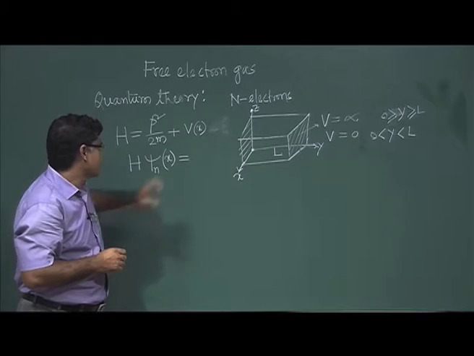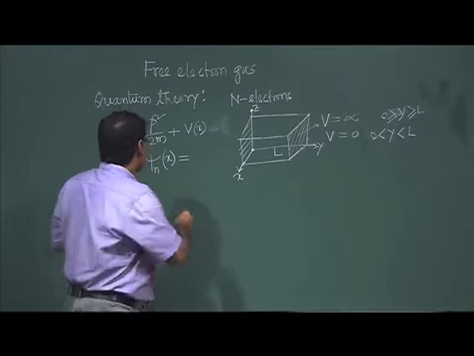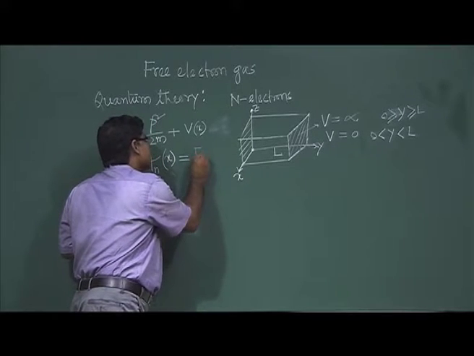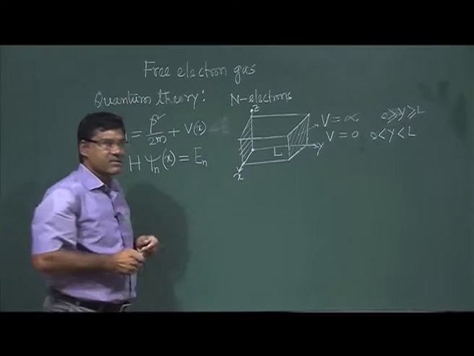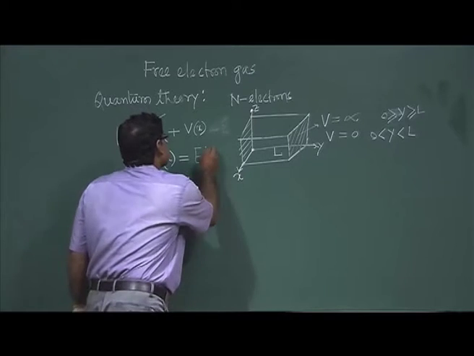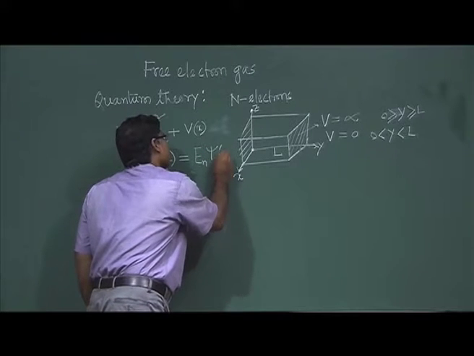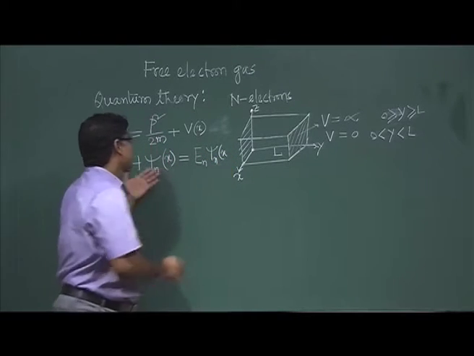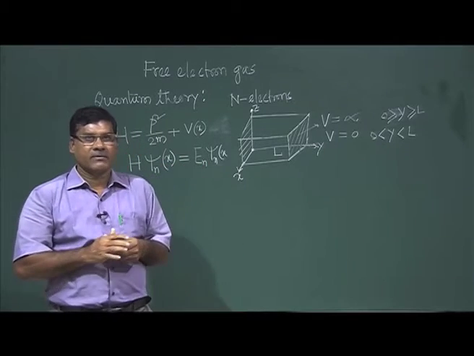If you apply it on this wave function and it gives the energy En for the nth state, this is basically the Schrodinger equation.